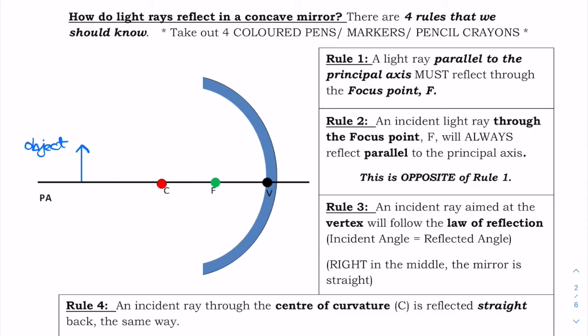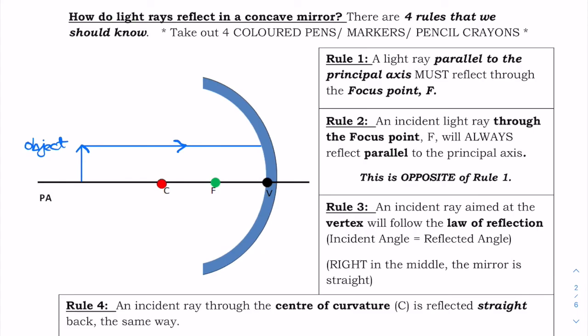The first rule is for a light ray that is coming in parallel to the principal axis. So let's begin by drawing that. When this light ray hits the concave mirror, it's going to reflect, but it's going to pass through the focal point.